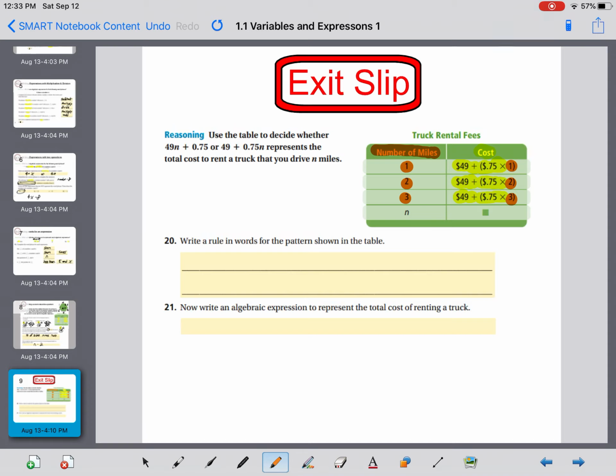So what is the rule in words for the pattern shown in the table? It would be $49 plus 75 cents per mile.